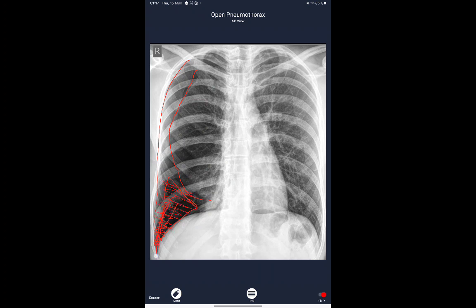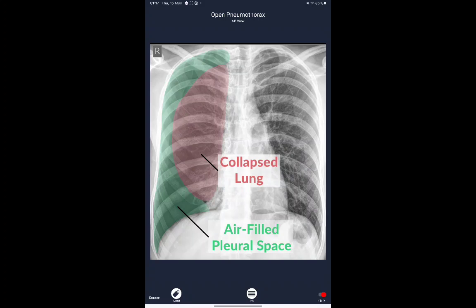This is the sulcus and this is the air within it, which is deeper than this side. Here we have the label: a collapsed lung in pink, with air-filled pleural space underneath.